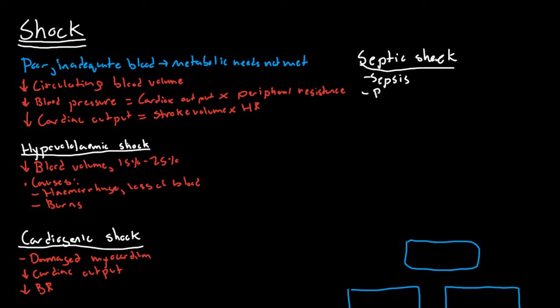So we have a bloodstream infection and the body wants to use, I'll just draw it quickly here, its white blood cells. So it's leukocytes.